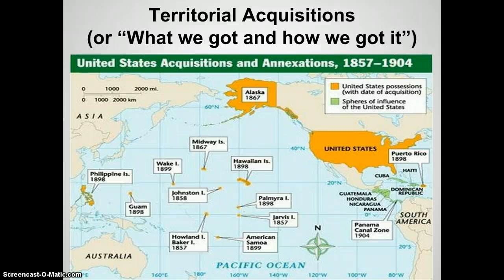Let's get started. If we take a minute with this map, we can see that the areas in orange are territories that are held by the United States. That is imperialism, when one nation politically, militarily, and economically controls another.